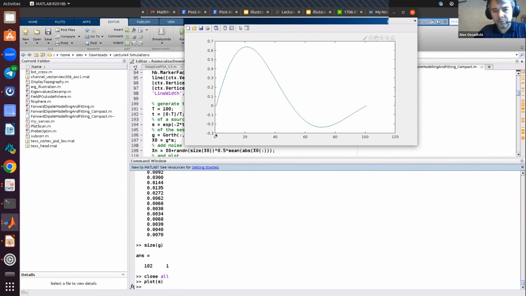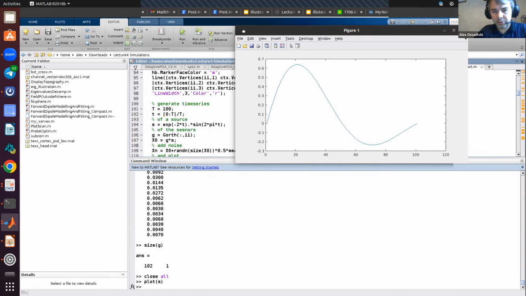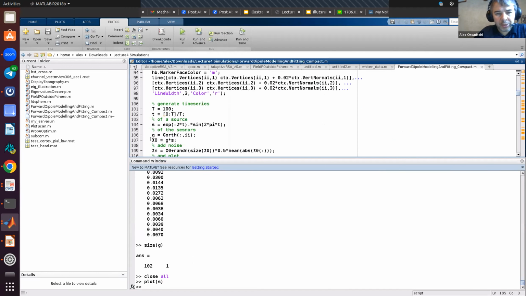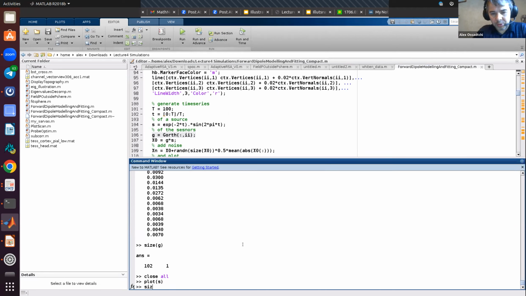On the x-axis it's the time samples, and on the y-axis is the activity of this only source. And then what we do, we will simply generate the data by multiplying the topography of this source by the time course. Since S in MATLAB here is 1 by 101, it's a row vector.